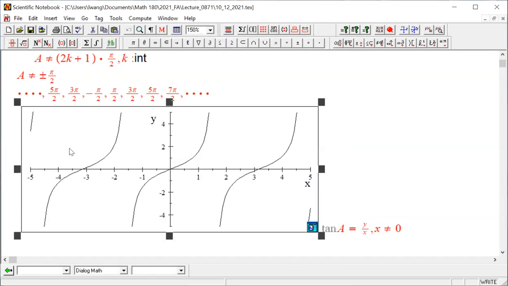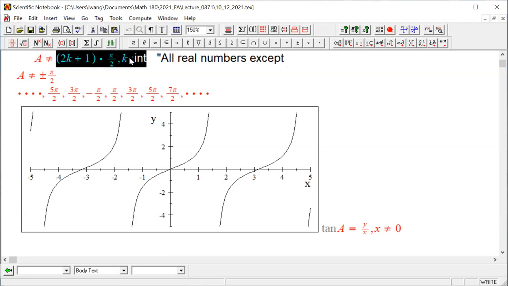They are between these numbers. All these curves are between those numbers. So how do we read this? All real numbers except this guy. That's how you read it. So the domain of tangent is described using the exclusion method. Exclusion.